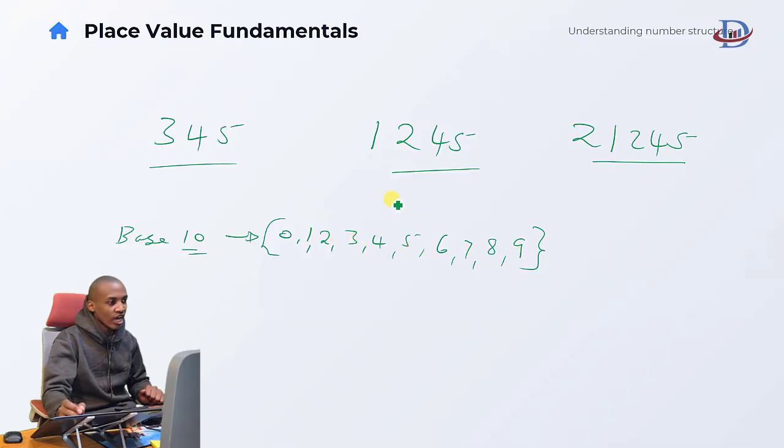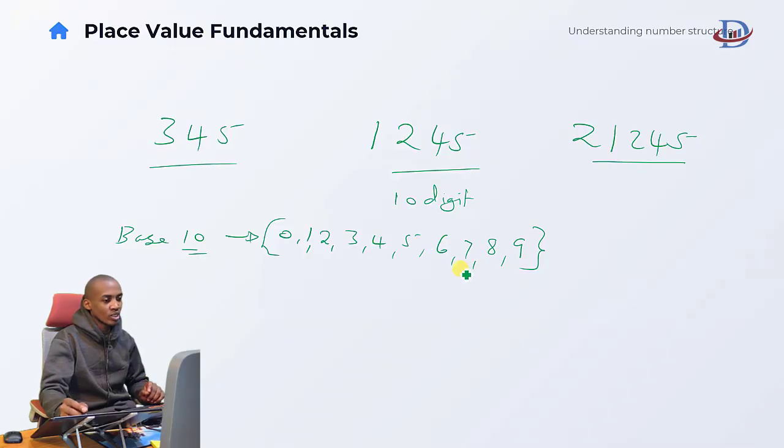All together there are 10 digits, and that's why we say we are dealing with numbers of base 10. Whatever number we make, we make it from these 10 digits.